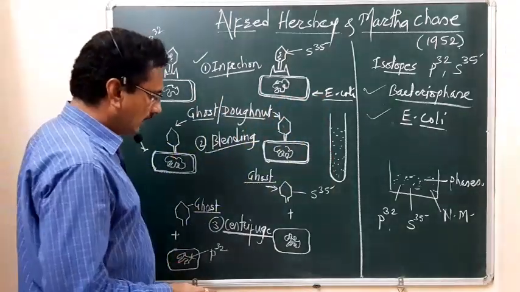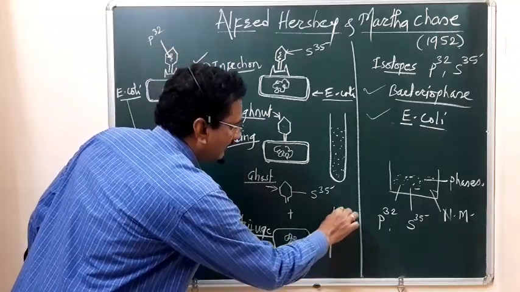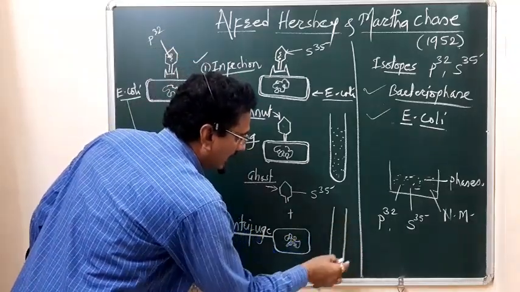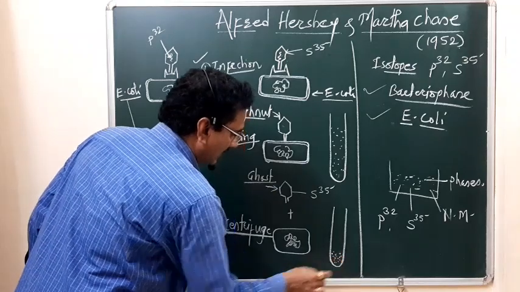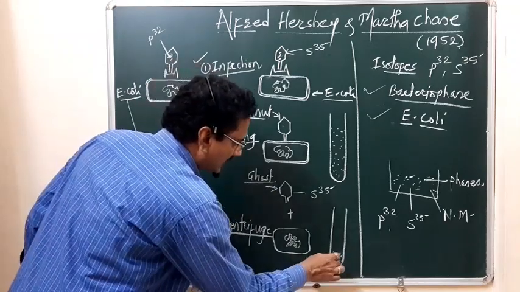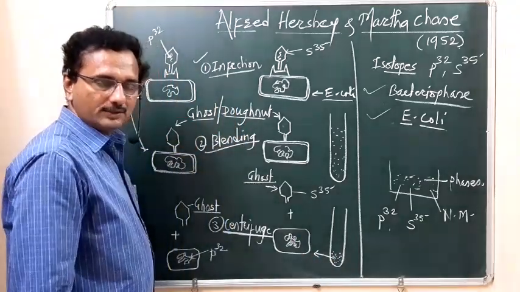Then remember, when this mixture was centrifuged, what settles at the base? At the base, all the bacterial cells, okay, all these bacterial cells are settled at the base of the test tube.